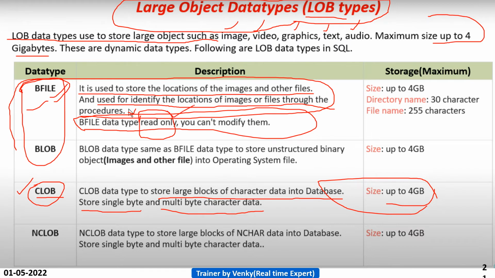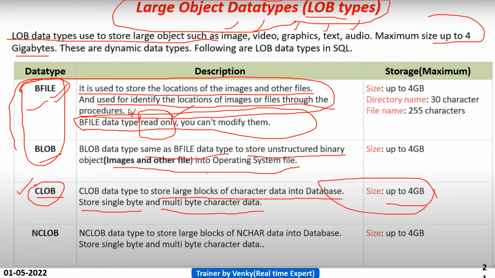You can read it, in the sense that you can only access it. Okay, so next, BLOB. The BLOB data type is the same as BFILE, guys. It stores unstructured binary objects, images and other files, into the operating system file.